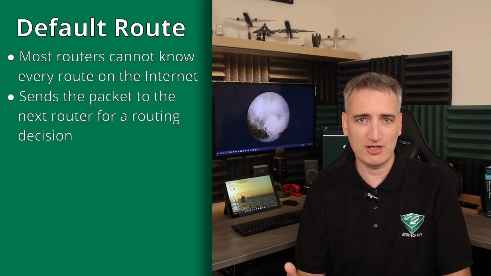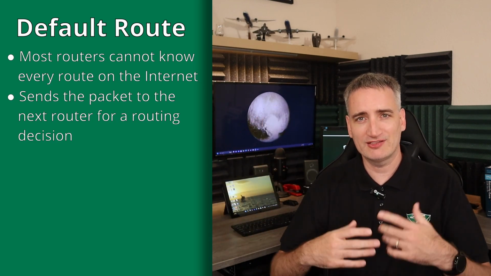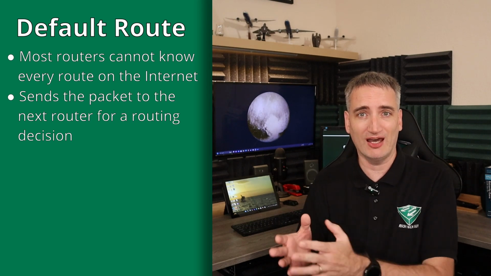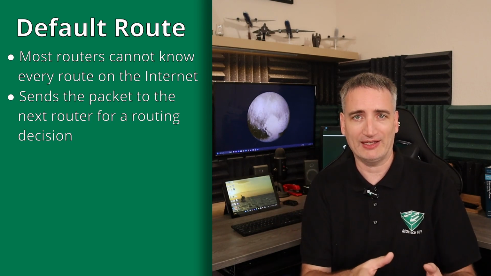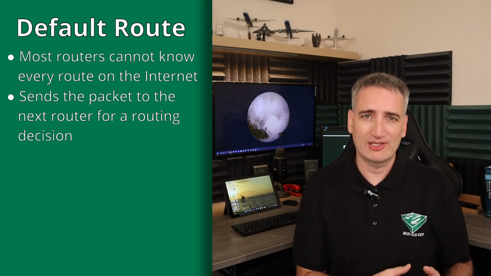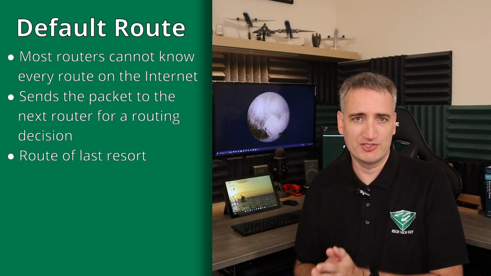And then if that router doesn't know where to send the packet, it will kick it onto its default route, and so on until eventually it does reach a router that knows where to send the packet. Another way to look at the default route is it is the route of last resort.